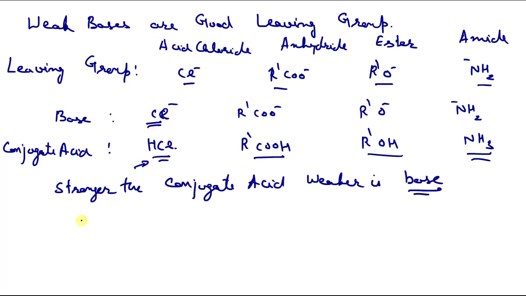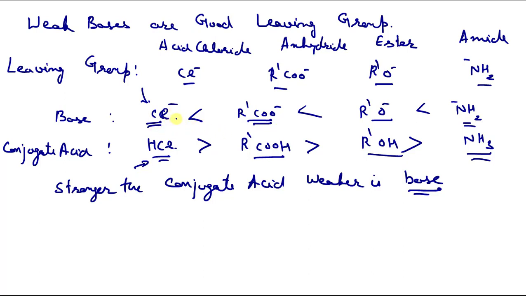So Cl negative is the weakest base. HCl is a stronger acid than carboxylic acid, carboxylic acid is stronger than alcohol, alcohol is stronger than ammonia, and the order of basicity of their conjugate bases will be reverse. So Cl negative is the weakest base, then carboxylate, then alkoxide, then amide, NH2 negative. So this is the order of their basic character.